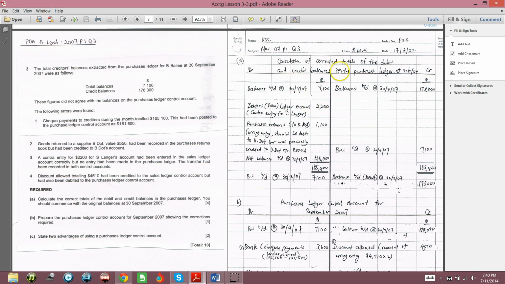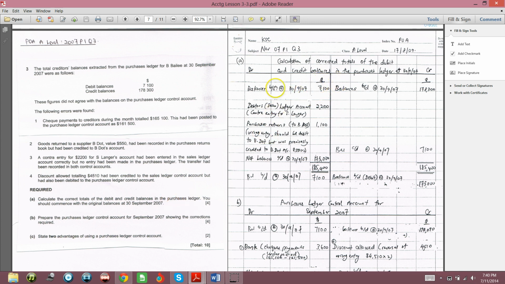Okay, so you can do it in columnar format, or I want to do it this way. So you can do it in a different format. Calculate the correct total of debit and credit in the purchase ledger.